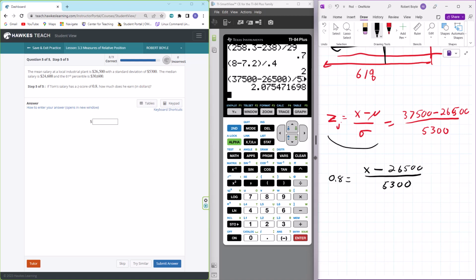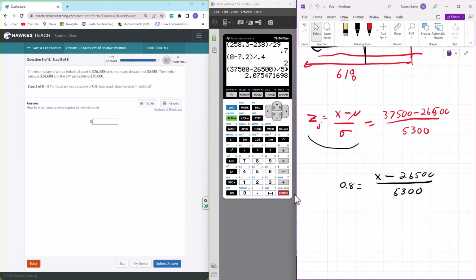So we have a little algebra that we need to deal with. Okay, we need to figure out what x is, and of course, to do this, we have to get x by itself. So the first thing that we might want to do to make that happen is to multiply both sides by $5,300. Okay, these will cancel. So on this side, we will have x minus 26,500.